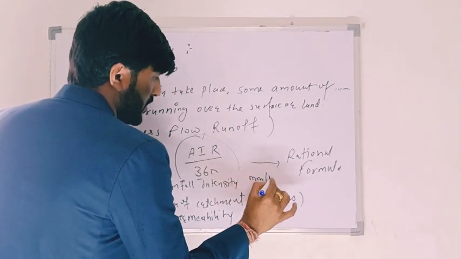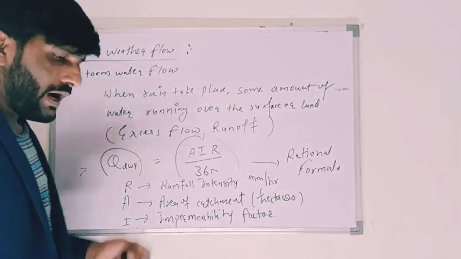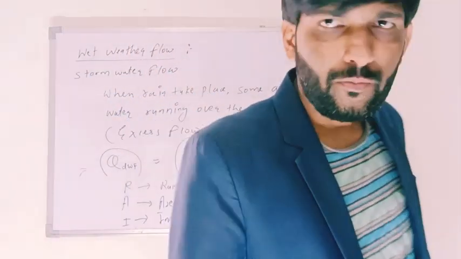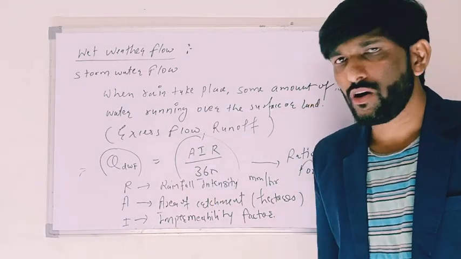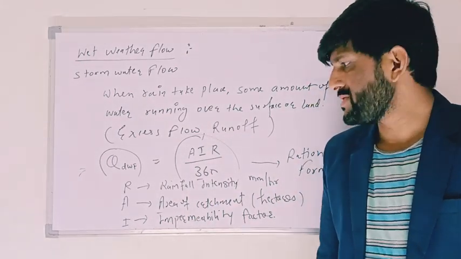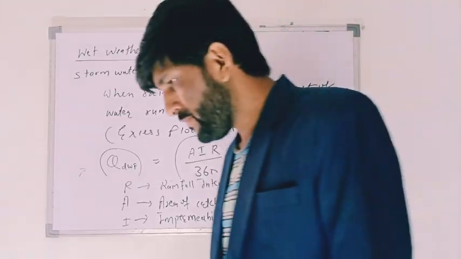Note it down. So R is your rainfall intensity, and A is your catchment area, and I is your impermeability factor. These are the basic terms behind this rational formula.